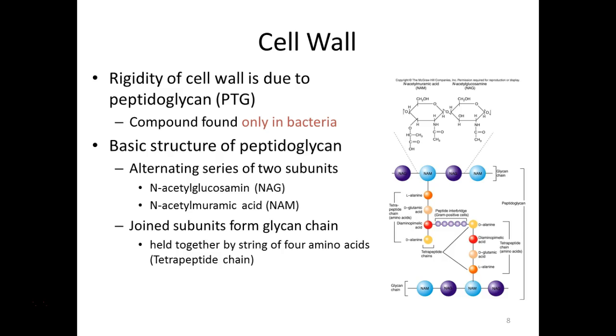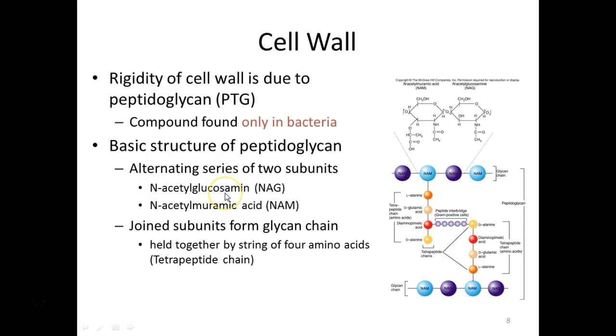So sometimes you'll see it abbreviated PTG. Again, this substance is called peptidoglycan. It makes up the cell wall of bacteria only. Right? Only bacteria have got this. What is it made out of? It is made out of sugar, hence the glycan in its name. That refers to the sugar component.